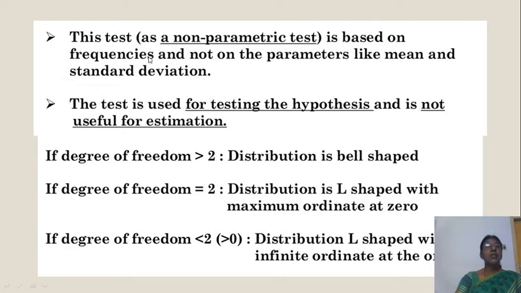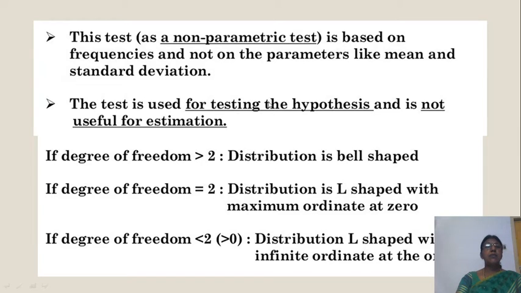But this test does not depend on mean or standard deviation like the previous two tests. It is based only on the frequencies. So it is said to be a non-parametric test.